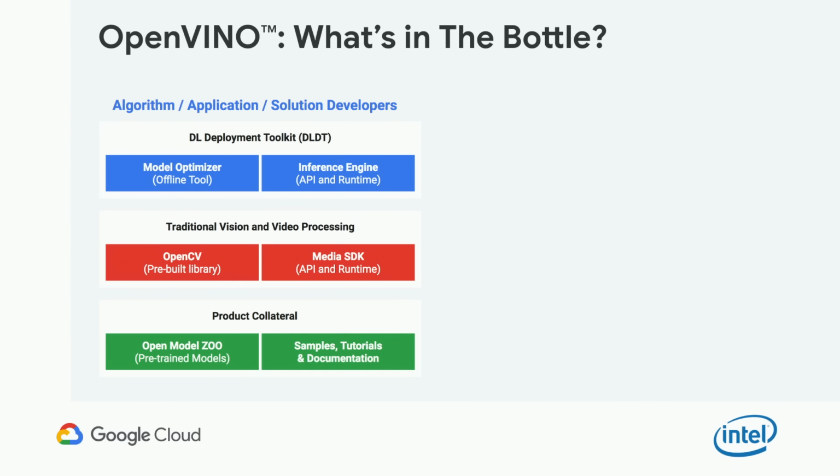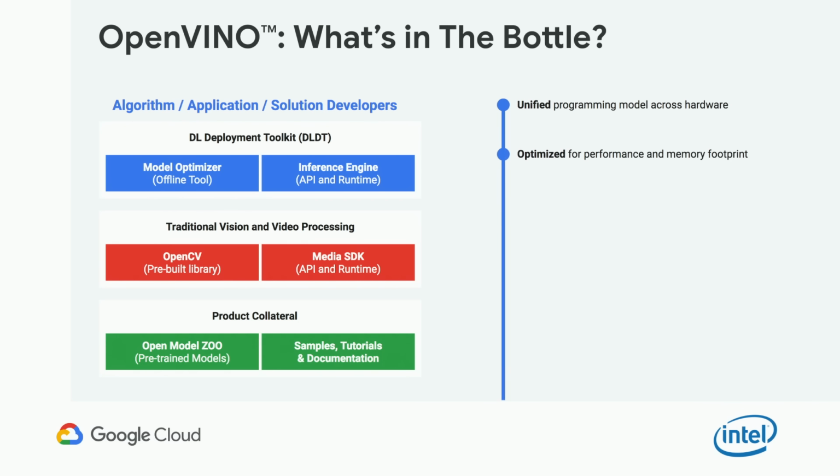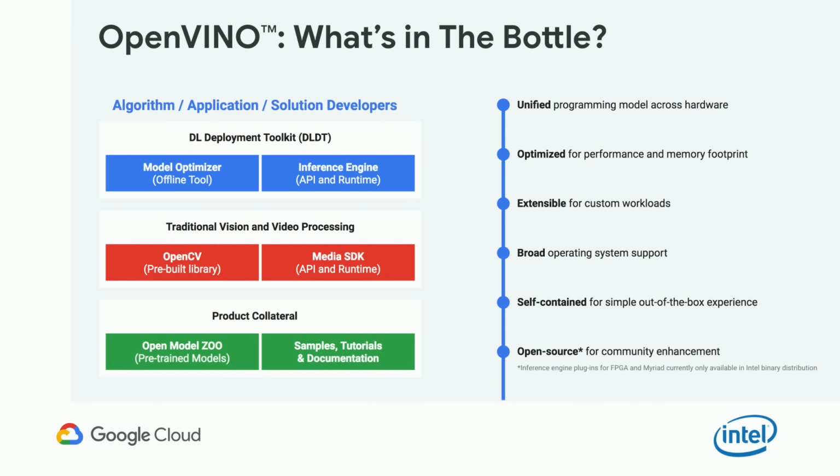At a high level, OpenVINO provides a unified programming model across various hardware, is optimized for performance and memory footprint, is extendable for custom workloads, provides broad operating system support, is self-contained for a simple out-of-the-box experience, and is open source for the community to enhance and contribute.